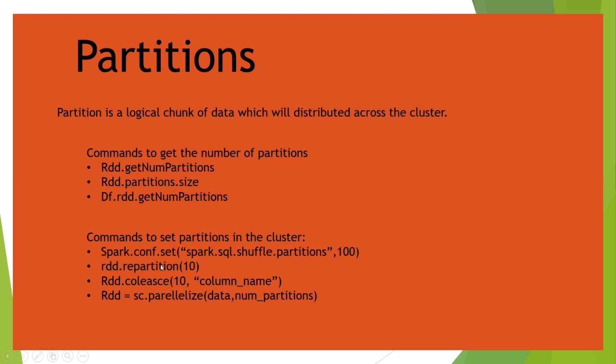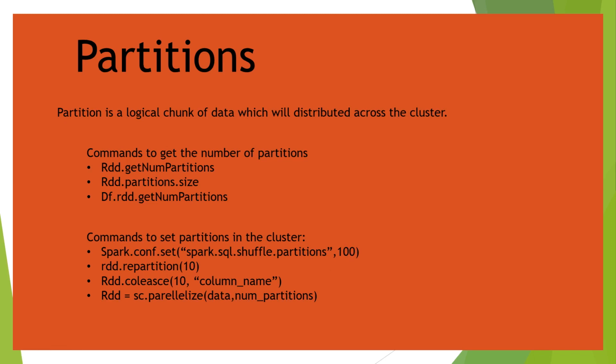You can also set spark.conf.set with spark.sql.shuffle.partitions to whatever number of partitions you want to have. By default it will have 200 partitions.